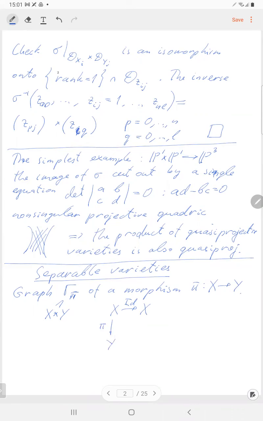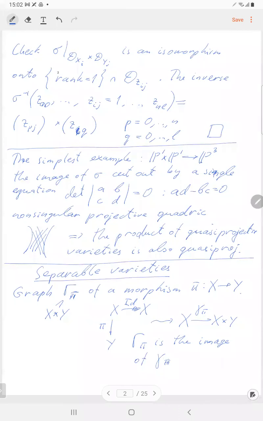Then by the universal property of the product, it gives rise to some morphism from X to the product X times Y. Let's call this morphism gamma pi. And then this graph is by definition the image of this morphism.